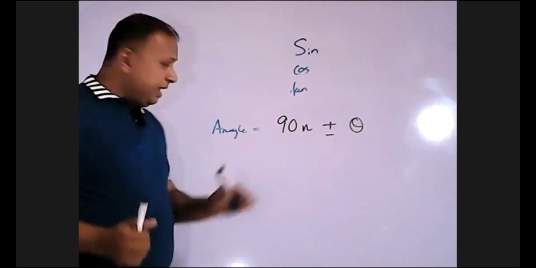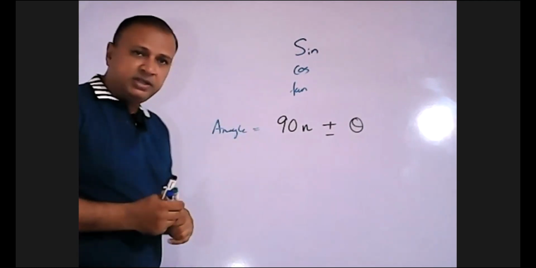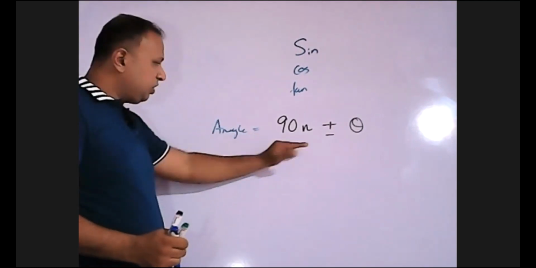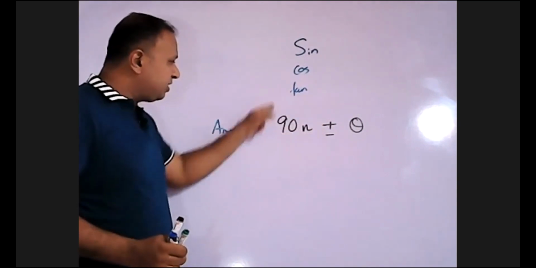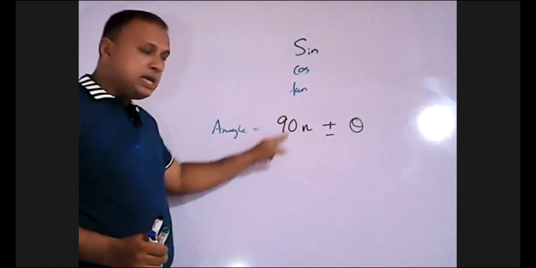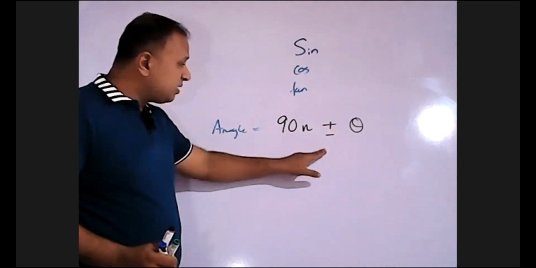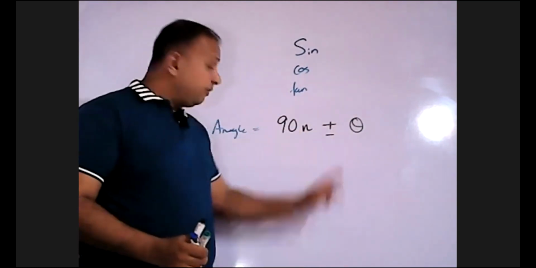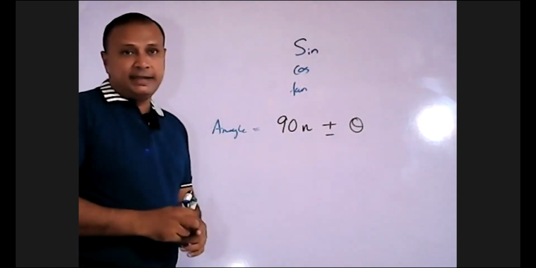We can represent any angle using an integral multiplication of 90 and addition or subtraction with an acute angle.